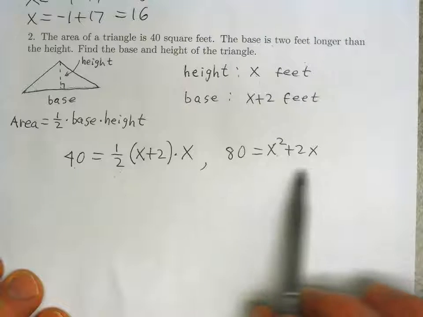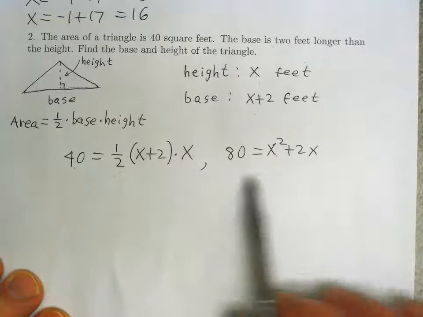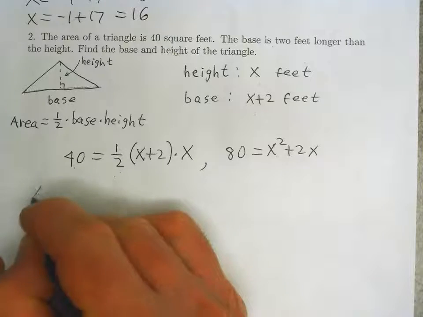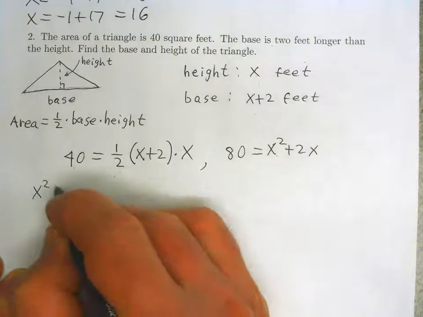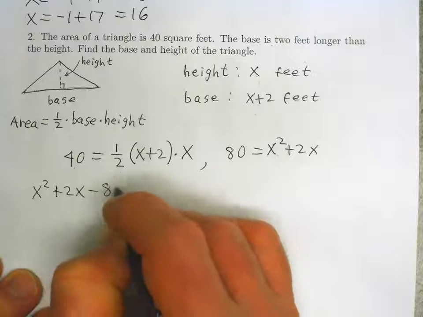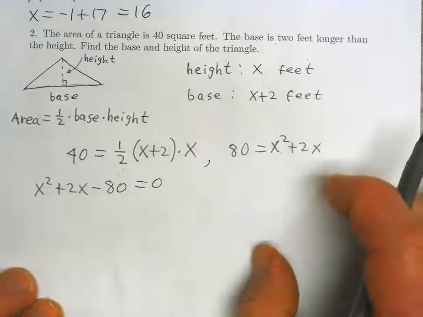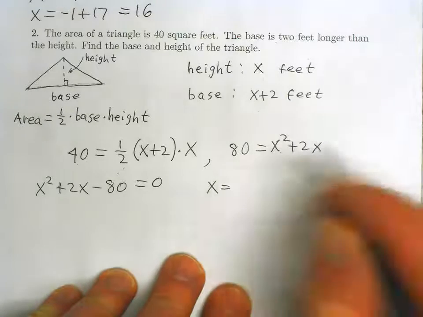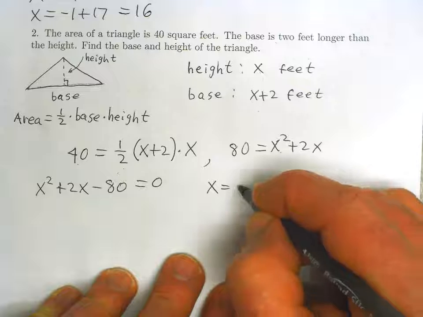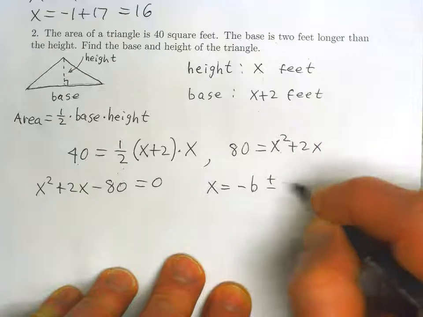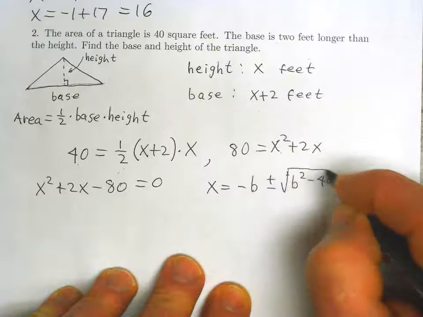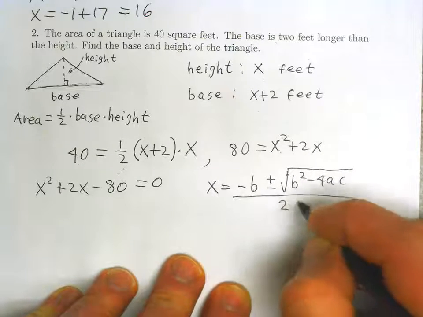So we have another quadratic equation. This would work out nicely if you solved it by completing the square, but we did that in the previous example. So on this one, let's just put it into standard form by subtracting 80 from both sides, and we'll practice using the quadratic formula. I'll write the quadratic formula here. x is equal to negative b plus or minus the square root of b squared minus 4ac, all divided by 2 times a.